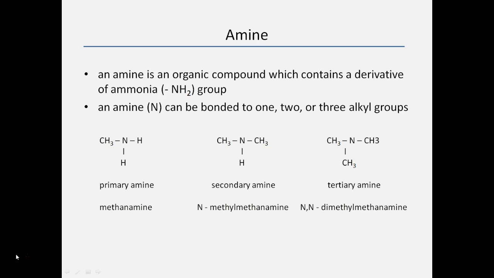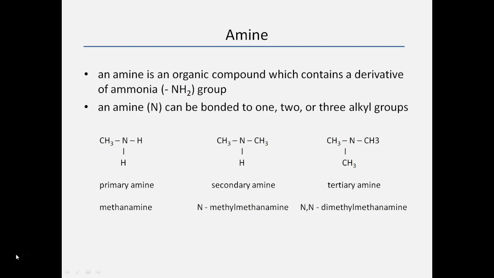Next up are amines. Amines are interesting in that we take one of the hydrogens on our chain and replace it with a derivative of ammonia, where one of the hydrogens on the ammonia is also replaced with the carbon chain. Because nitrogen has three hydrogens, it could bond up to three carbon chains at once.